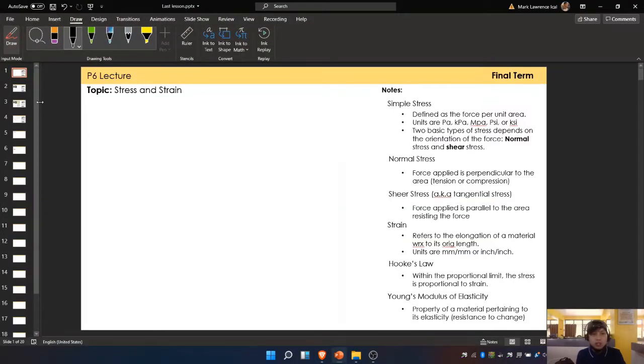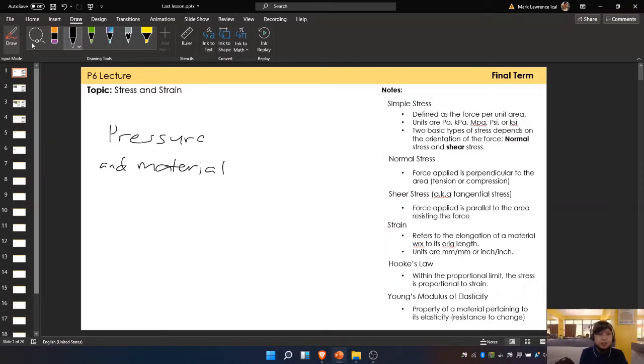stress and strains. Okay, so when we say stress and strain in physics, particularly in engineering, we are talking about things like pressure and material.